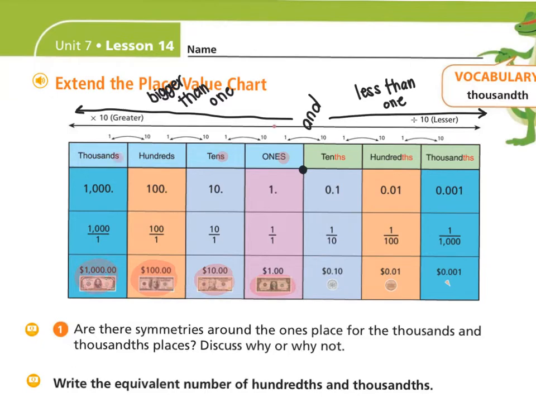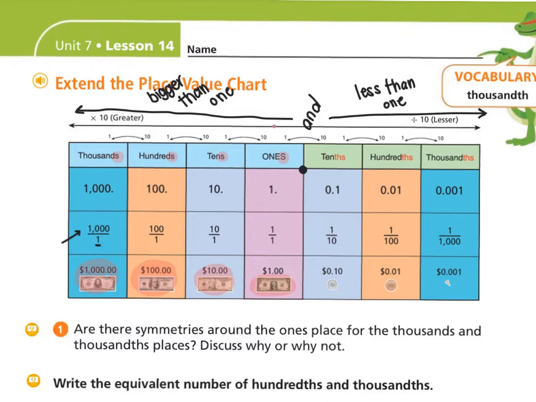Notice when I'm on the left side of the decimal, I'm always ending with that S, and I'm talking about whole numbers. In this very far left-hand corner, I have $1,000. That's a whole $1,000. That's a lot of money. And notice that I'm representing that with 1,000 over 1 as my denominator.